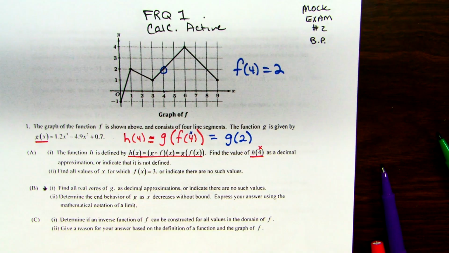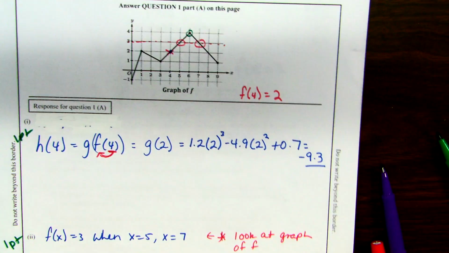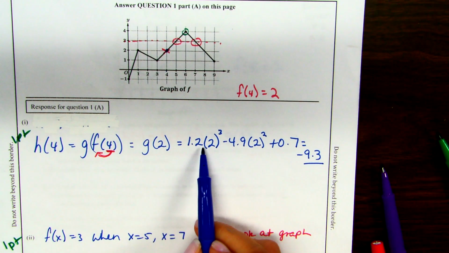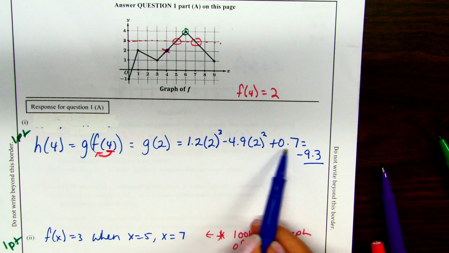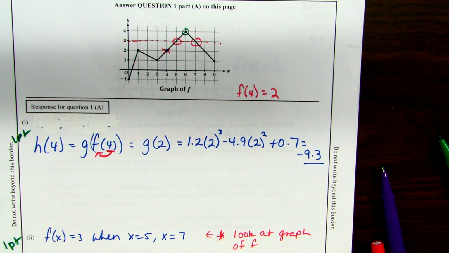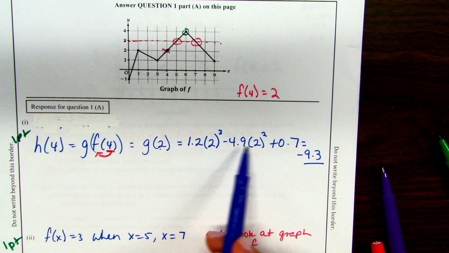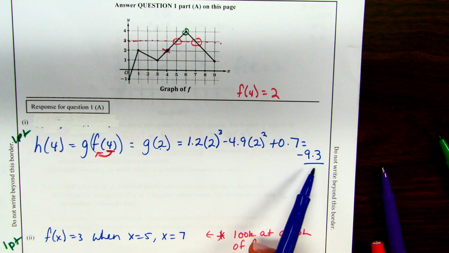So now I have to find g of 2. And so here we are. G of 2 is just plugging 2 in for x in the g function. And then after that, it's just putting it in your calculator, okay? So f of 4 was 2. G of 2, plugging 2 in, is negative 9.3.